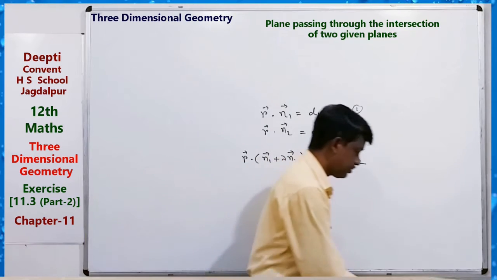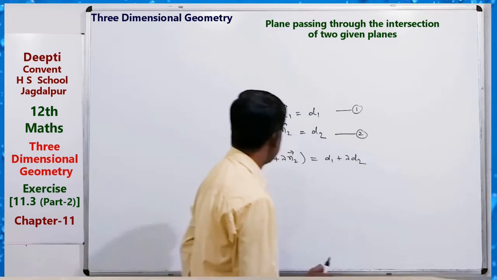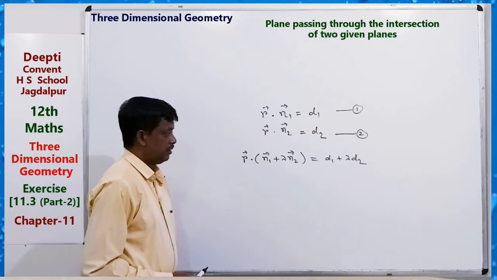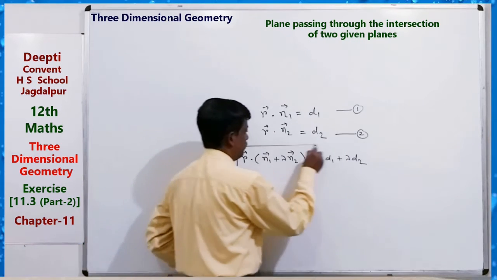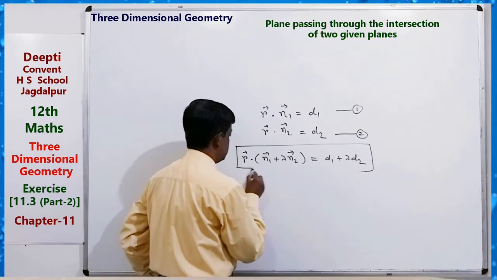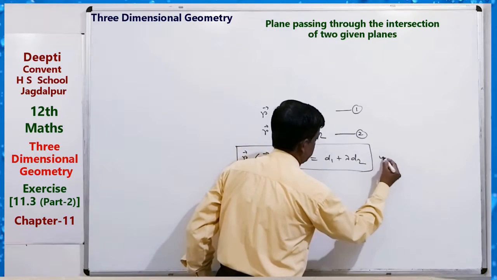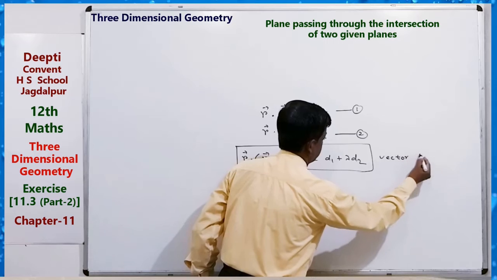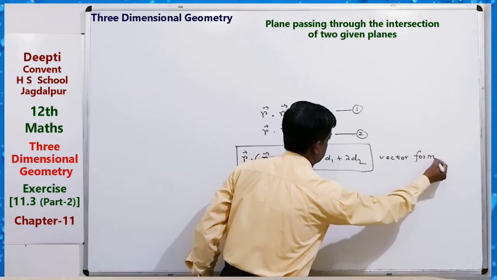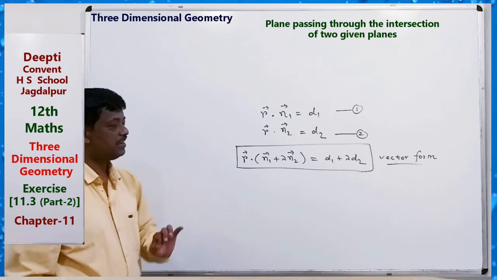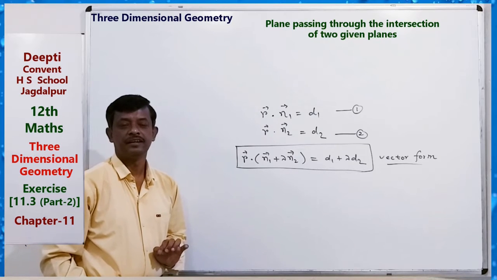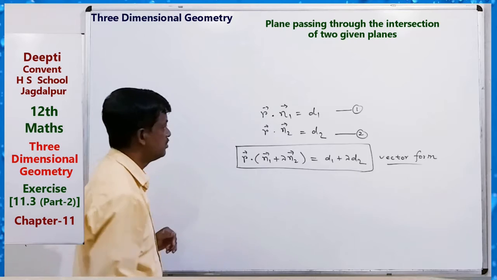Okay, this is in vector form. Now it can be written in Cartesian form also.